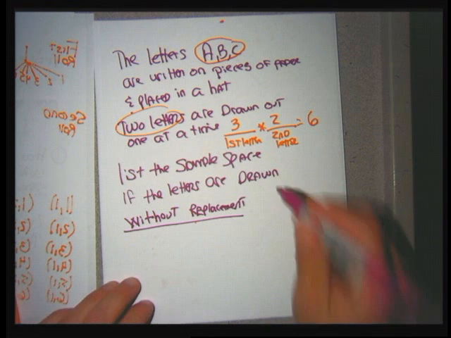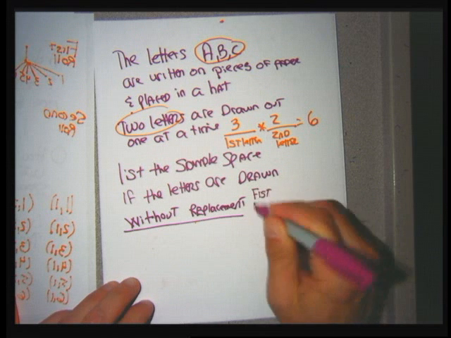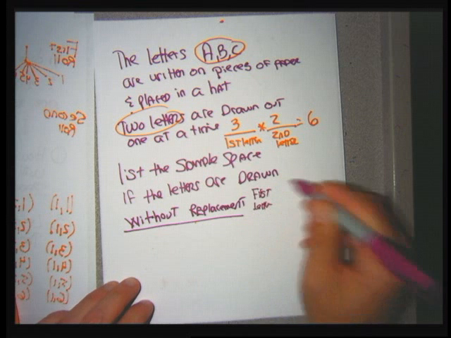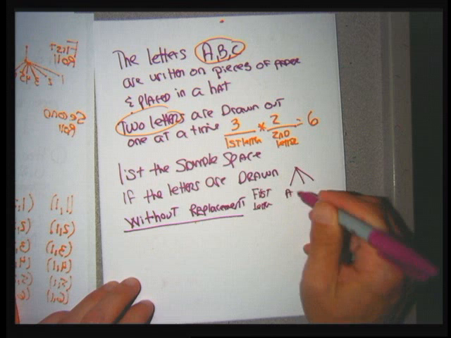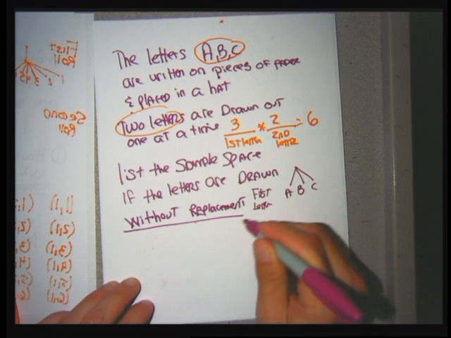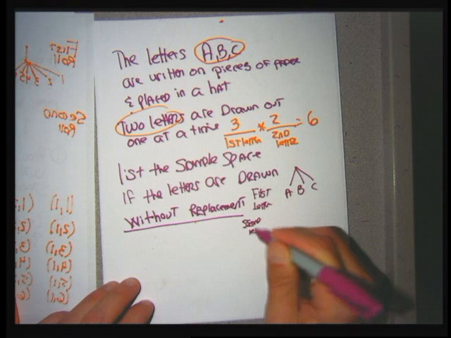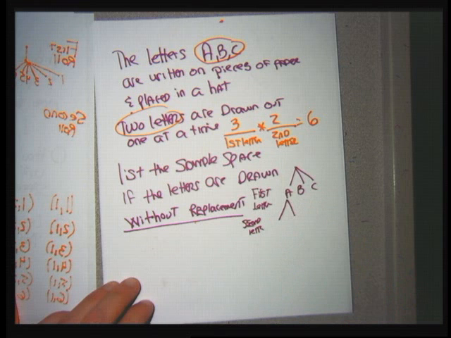Let me try to list the sample space. So I'm going to go first letter. I could actually spell first. Then my first letter can be an A, B, or C. Now I'm going to do my second letter. If I draw the A first, I'm not putting it back in.